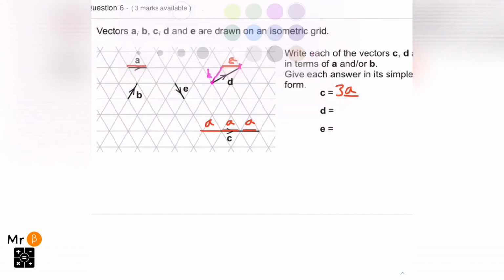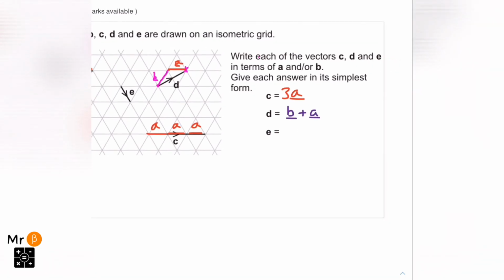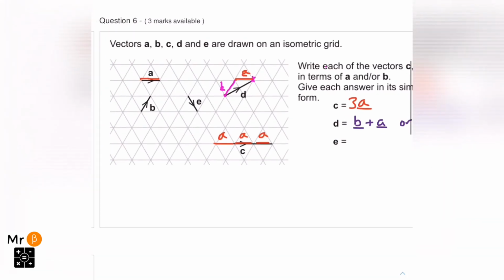So therefore, my final answer for D would be B plus A, and it doesn't matter if you've written this as A plus B. The general notation is to write it in alphabetical order, however you wouldn't be marked down for this in your exam.